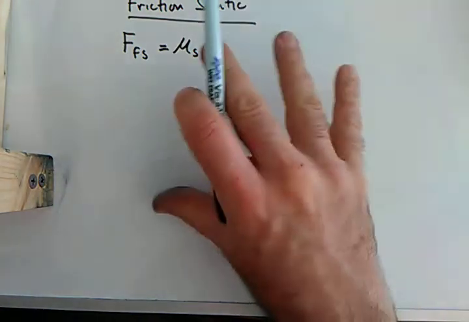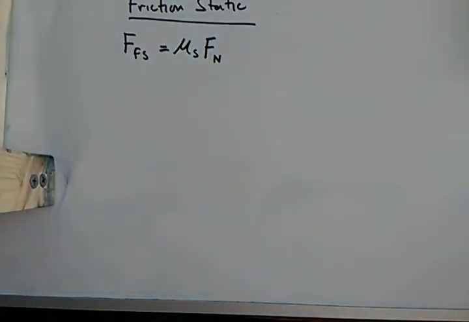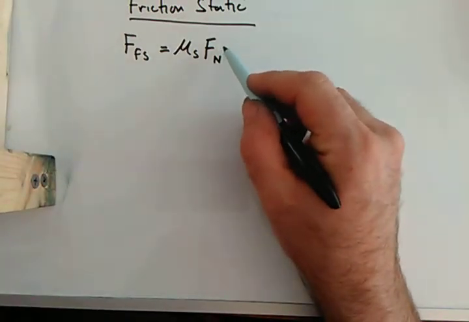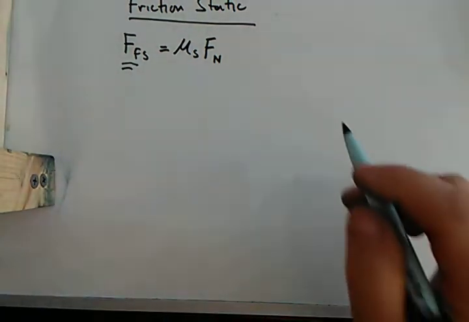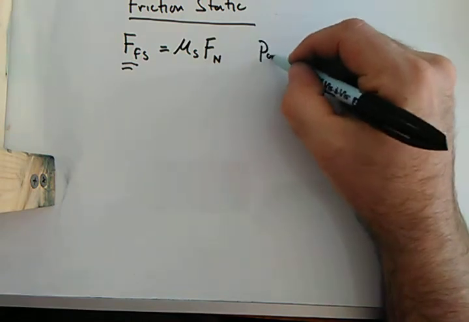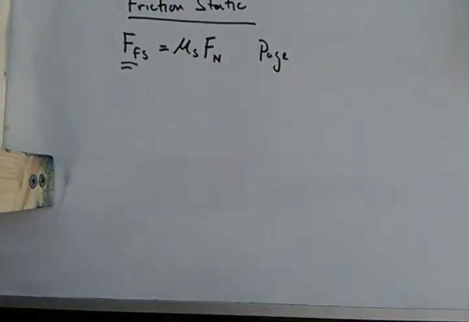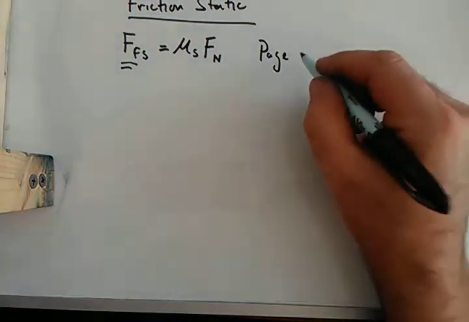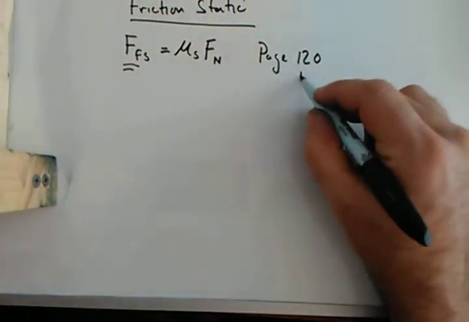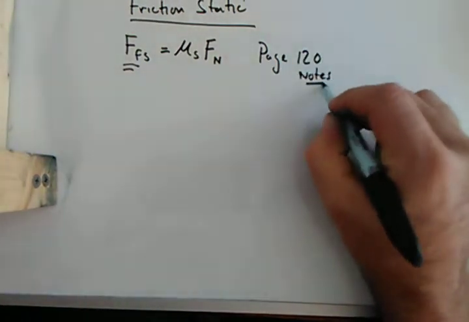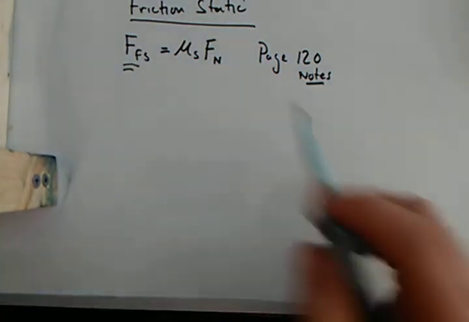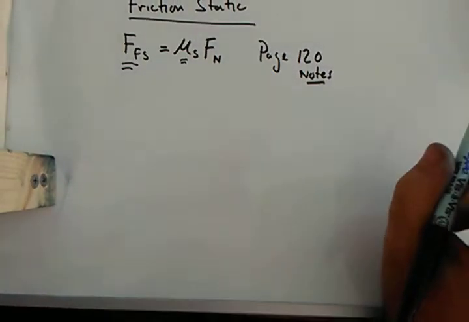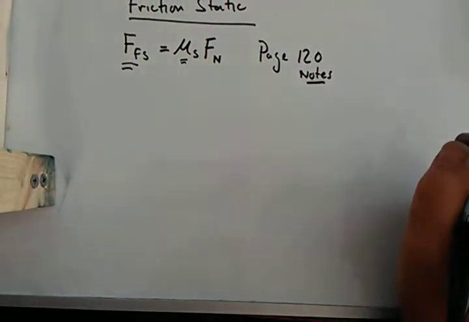So, rather than complicating things like I did in the last video, let's clear it up a little bit and just concentrate on getting what the frictional force is. On page, I want to say page 120 of the notes, you're going to find a value that has both static and kinetic coefficients of friction.